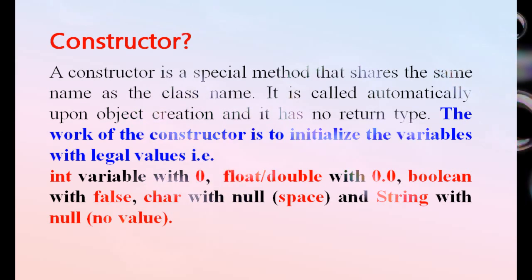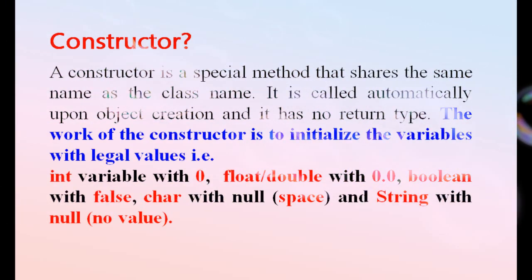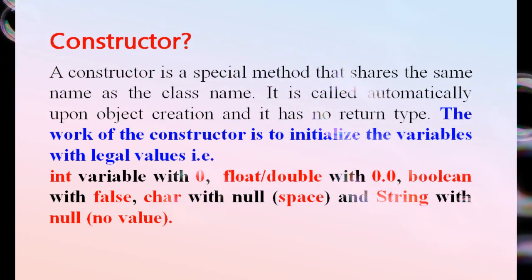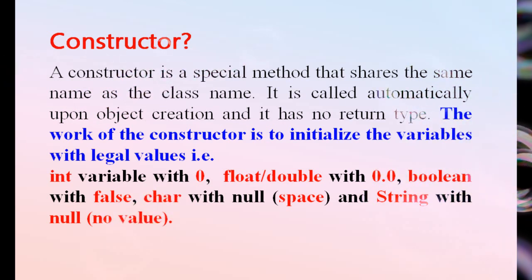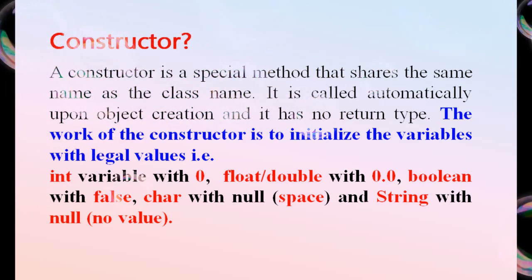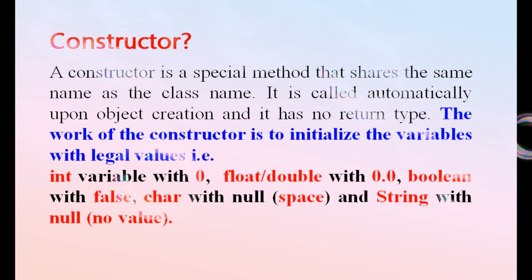What is a constructor? A constructor is a special method that shares the same name as the class name. It is called automatically upon object creation and it has no return type. The work of the constructor is to initialize the variables with legal values.